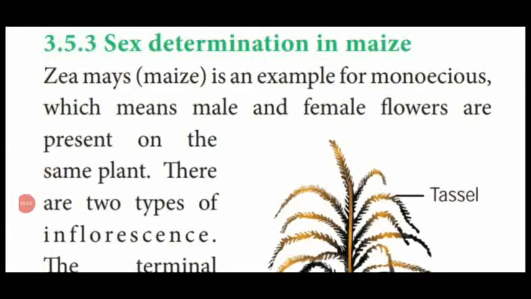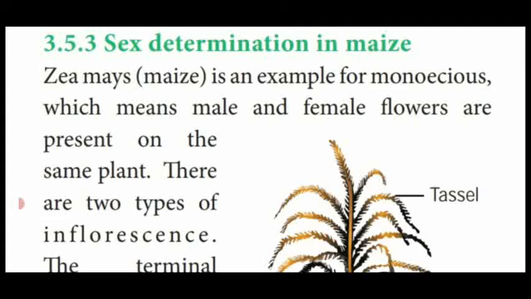Next, we are going to see the sex determination in maize plant. This plant you have already seen in the first lesson. It is a monoecious plant. What is a monoecious plant? Both the sex organs are present in the same plant. Example, maize plant, binomial name Zea mays.